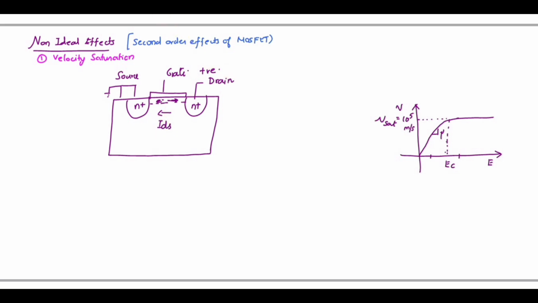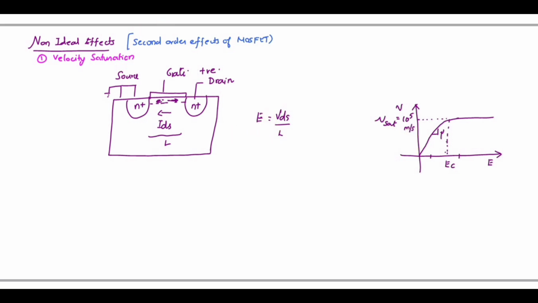So what will happen if I increase the value of VDS? My electrons will attain a larger drift velocity. If I apply the electric field E, then E is equal to VDS divided by the length of the MOSFET.